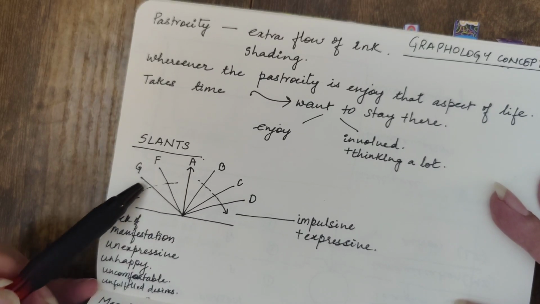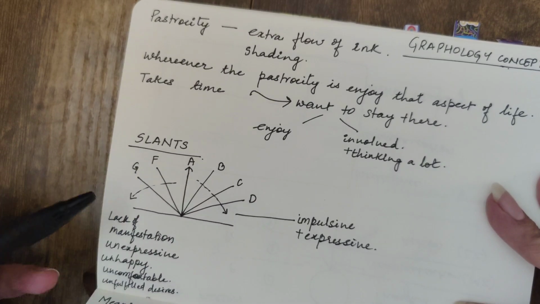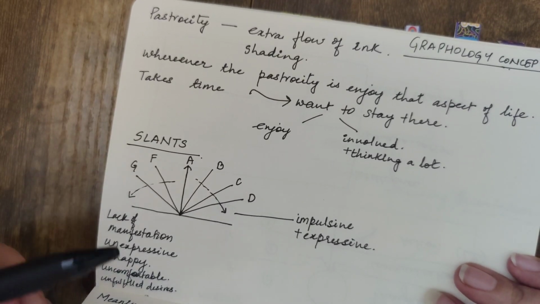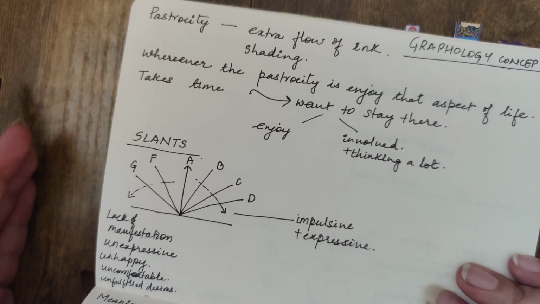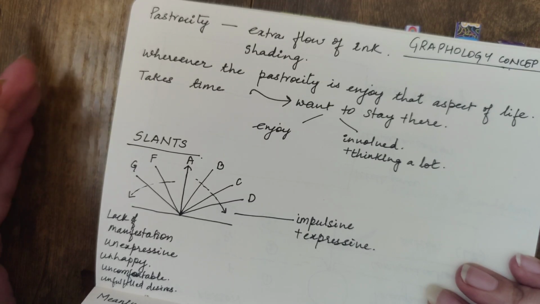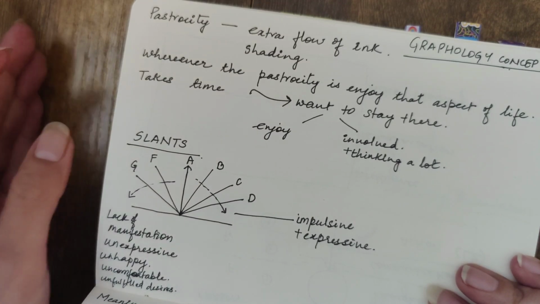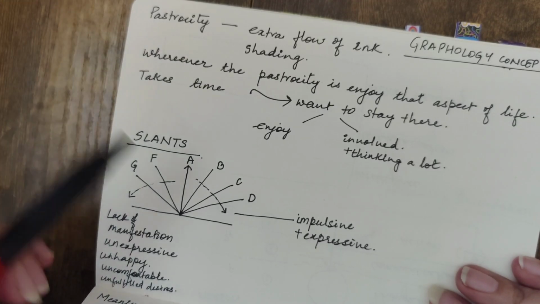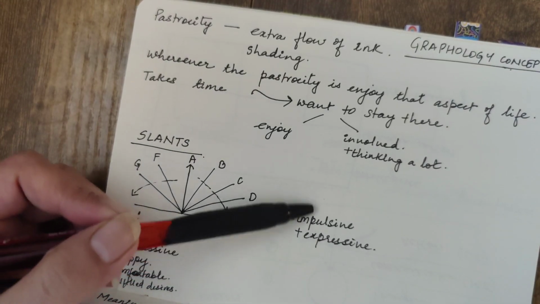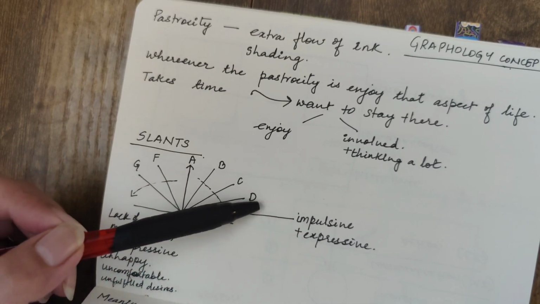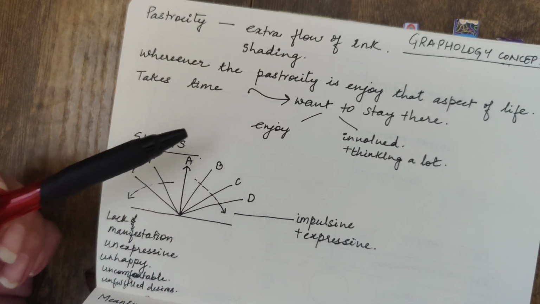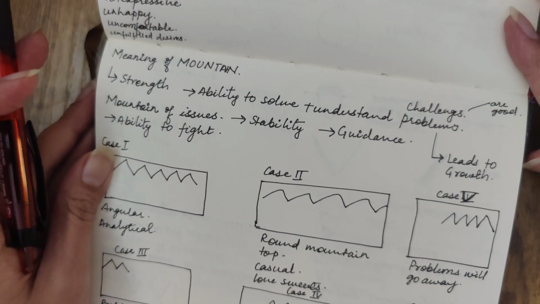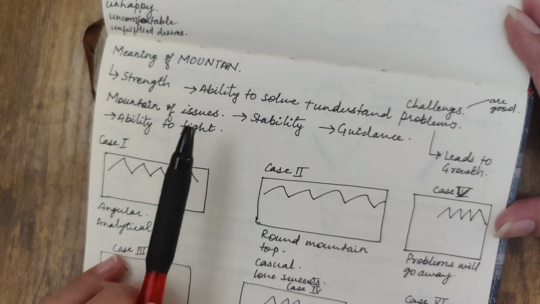Again, if it goes back, where G and F are shown, that means they are unhappy, uncomfortable, and unfulfilled in that aspect. For example, if it's a tree that's slanting towards the right, we'll take the meaning of the tree and then add impulsiveness or expressiveness depending on the scenario to give our analysis.